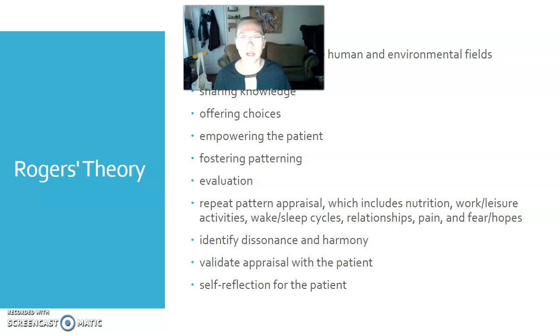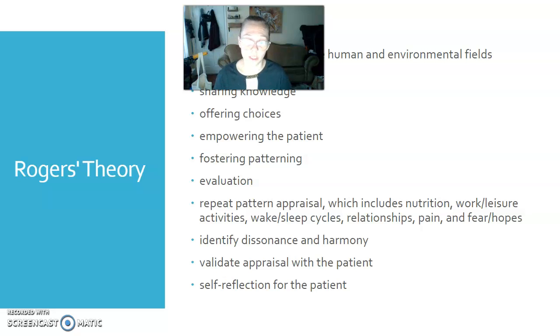Now, through the patterning of the human and environmental fields, we need to share knowledge, which also helps to include the patient in their care plan. We need to offer choices.